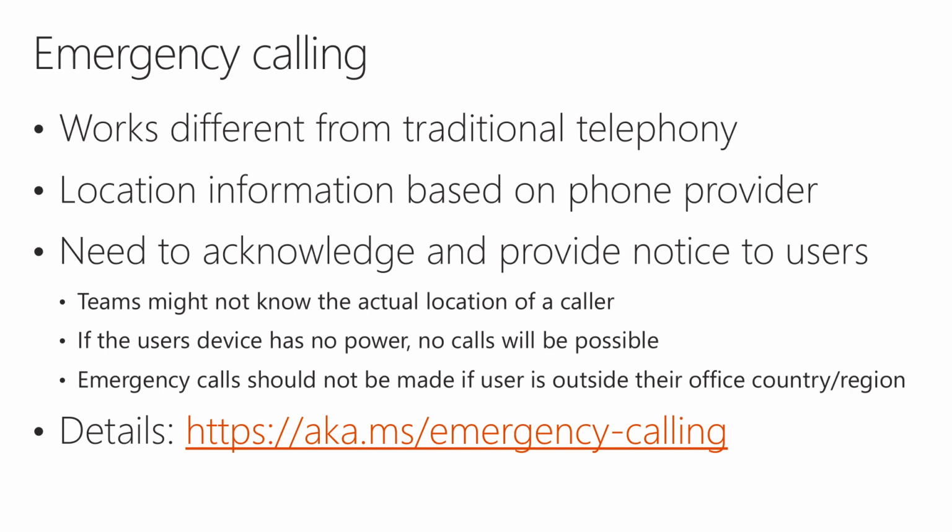So the phone provider gives you the phone number and they have location information of the user. Since Teams users might be roaming around, you need to acknowledge and provide notice to users that Teams might not know the actual location of the caller. Also, if the user's device has no power, no calls will be possible. So if the laptop runs out of power, they can't use it to make an emergency call.